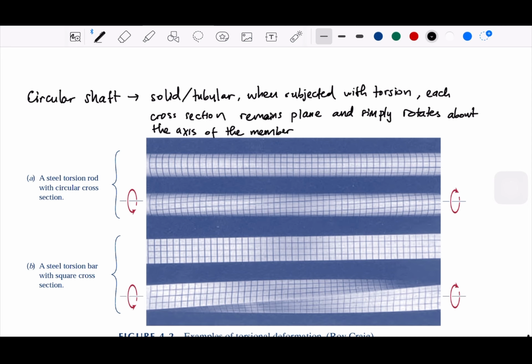But the cross section, if you cut, is still a circle. Here, though, for every section there's change, right? So for a shapeless shaft, we can see that it remains a plane, and for most of the part, we are going to deal with this rod.